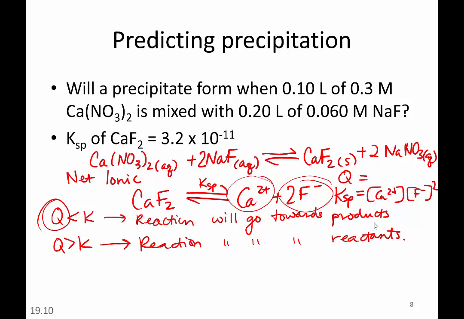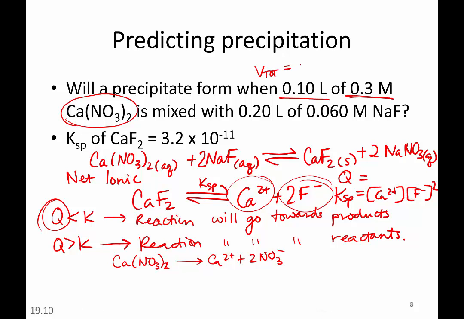So first we need to calculate the concentration of our calcium 2 plus. So we know that this is a soluble salt so that it completely dissociates, and it's a 1-to-1 ratio between calcium 2 plus and calcium nitrate. So to figure out the number of moles, we have the volume and the molarity, and we have our total volume.